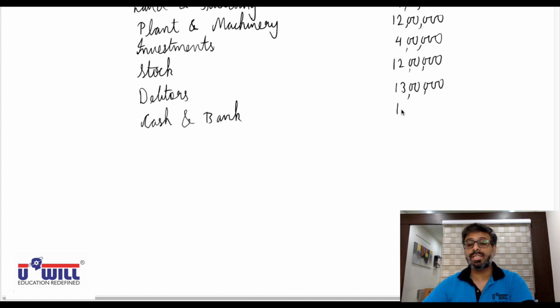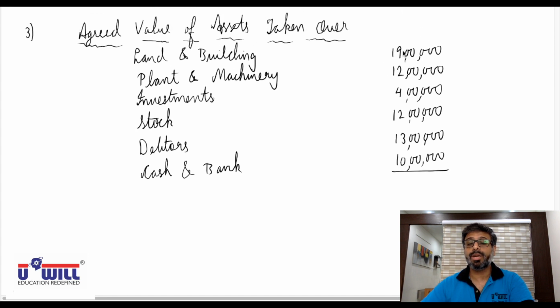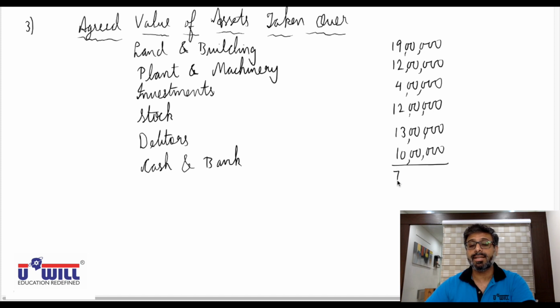So what is the total agreed value of assets taken over? 19, 31, 35, 47, 60, 70. 70 lakhs is the agreed value of assets taken over.